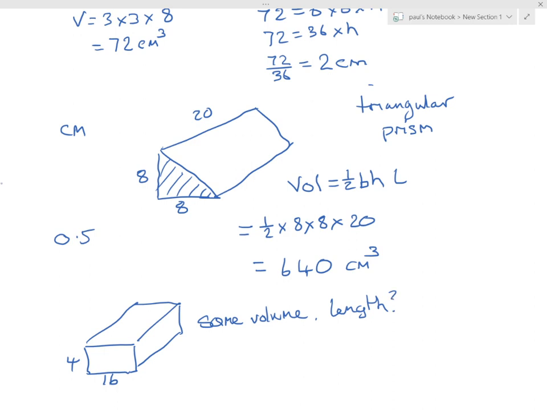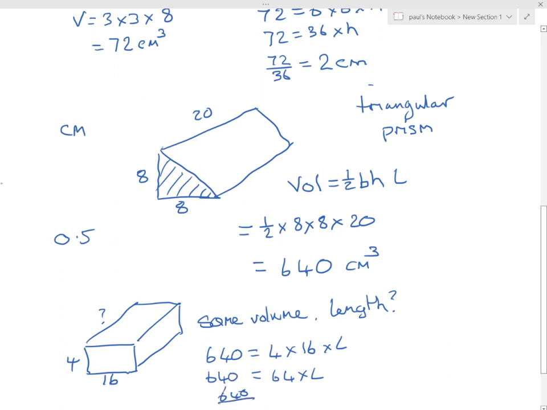So we know that the volume of this cuboid now is 640 equals 4 times 16 times the length. 4 16s are 64 times the length equals 640. So now we do 640 divided by 64 equals 10 centimeters. So the length is 10 centimeters, not to scale, of course.